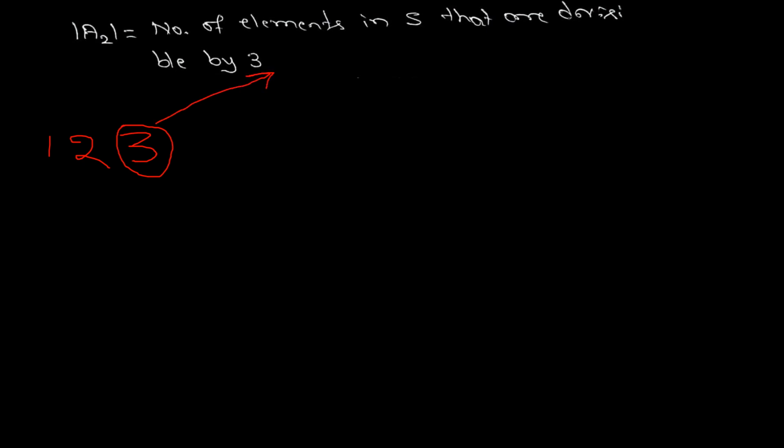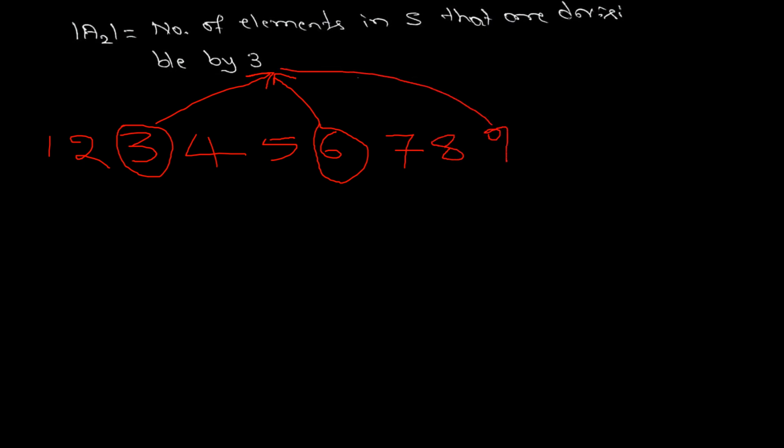Then again the sixth integer, say 4, 5, 6, will be again divisible by 3. Again we continue. The ninth integer, 7, 8, 9, again will be divisible by 3.